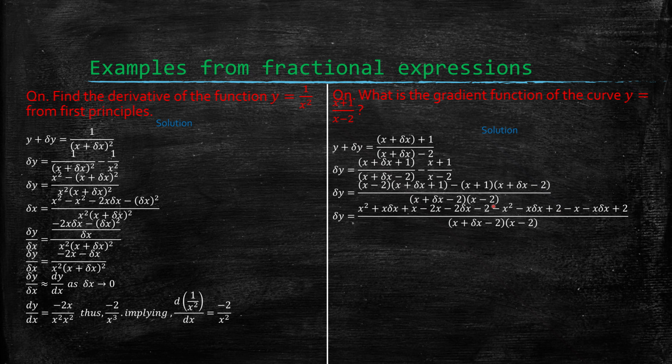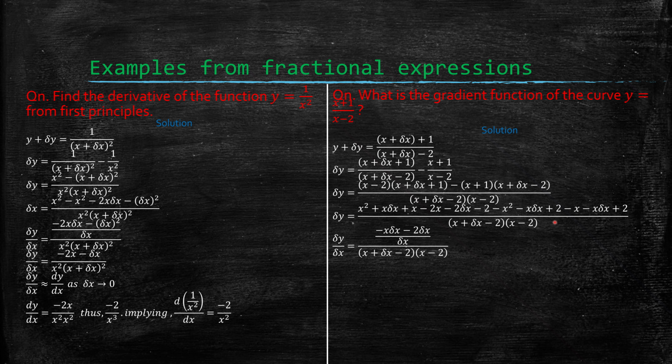Then afterwards, this negative 1, because this negative multiplies this and becomes negative times this to give us negative x, we're going to also have negative x multiplying with this small change in x to give us negative x small change in x, and this becoming positive 2 over our denominator, which we said that we shall never tamper.